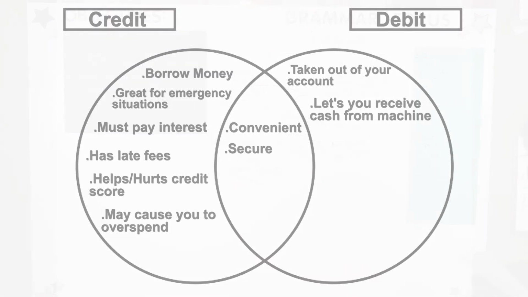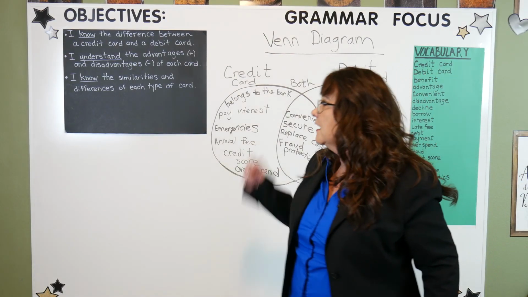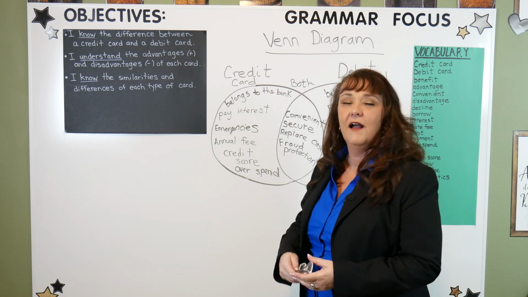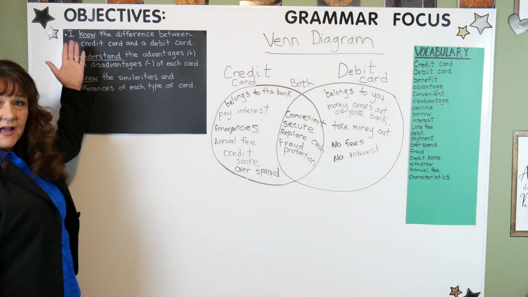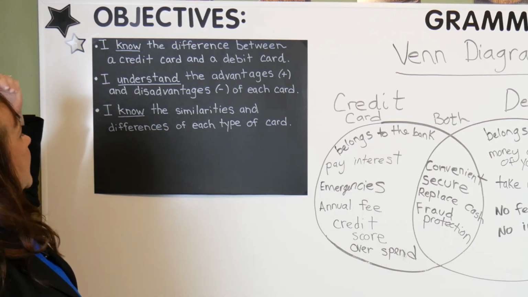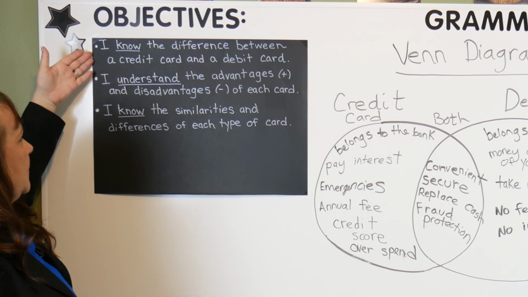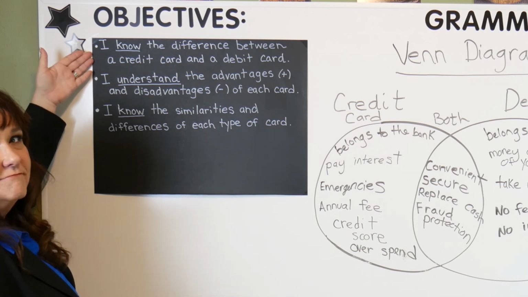You did pretty well on looking at the similarities and the differences of a debit card and a credit card. So let's see how we did. Let's look at our objectives. I know the difference between a credit card and a debit card. I think you do.